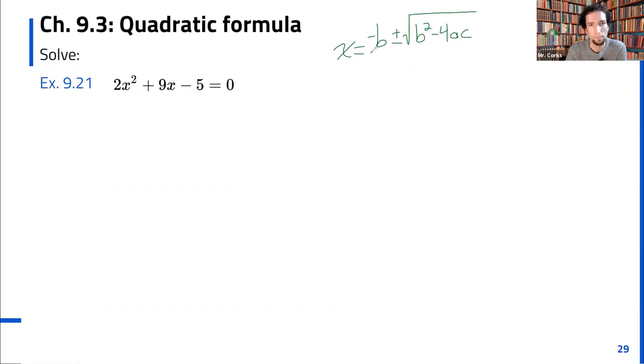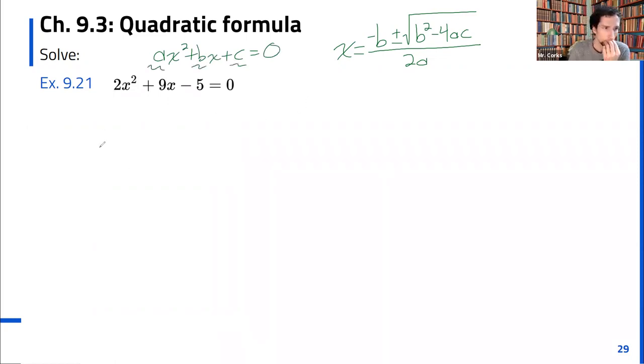We're not done. Divided by 2a. 2a here. So remember ax squared plus bx plus c. That's how we know which part goes where.